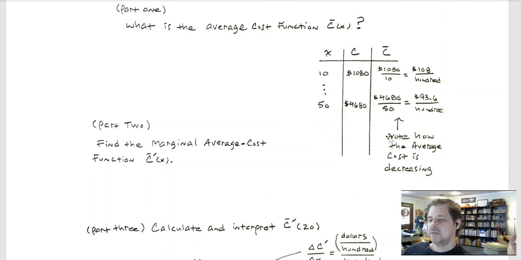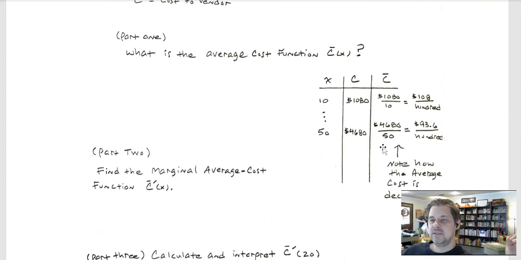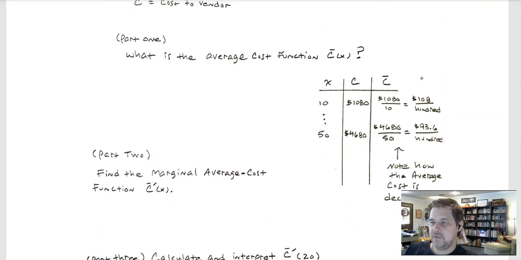Let's get that function. I wanted to tell you this so I could give you a way to generate it. So C bar of X: what did we do? We took the cost, which was 180 plus 90x, and we divided by the number of units sold.